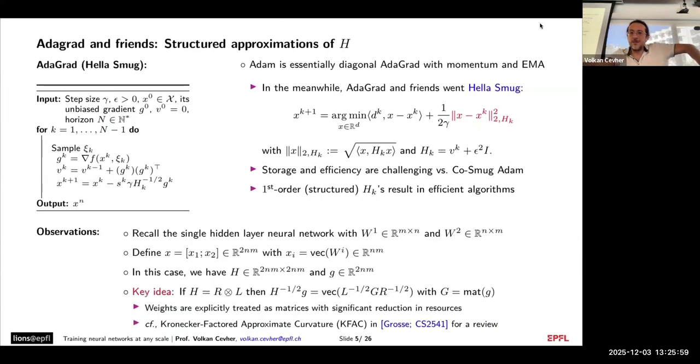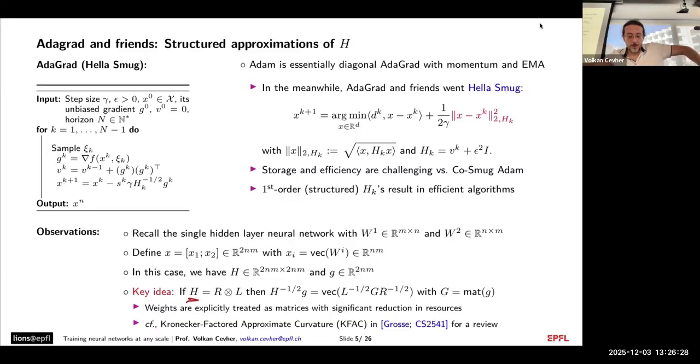But there was a key idea. Here, as opposed to looking at these fully dense Hessian approximations, you can think about structured Kronecker factor approximations. With this, you actually gain quite a bit, in the sense that you can say, let's say my variable metric H is a Kronecker product of a right preconditioner times a left preconditioner.